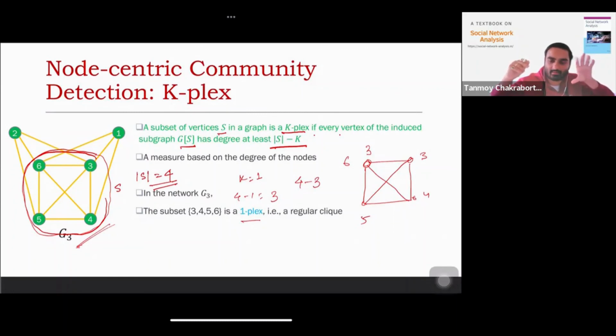The meaning is that the degree of each node is also growing. That's why each node has degree at least |S| minus k, for example |S| minus 1, or |S| minus 2. So a higher S value and higher degree would indicate a lower k-plex value.